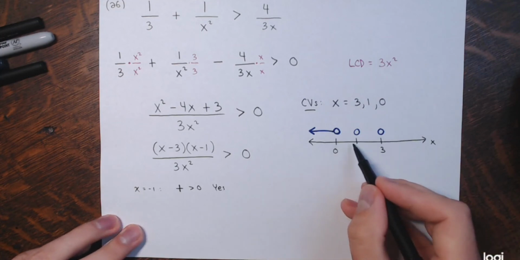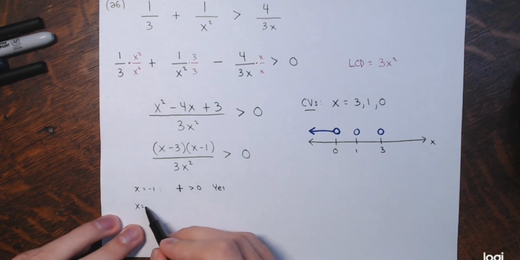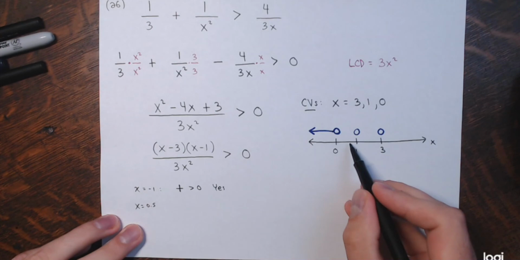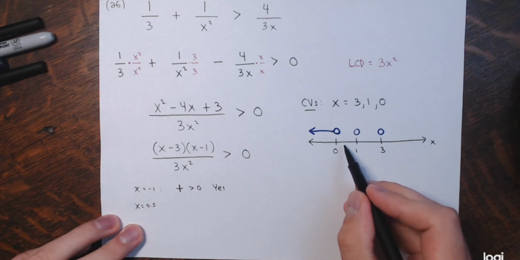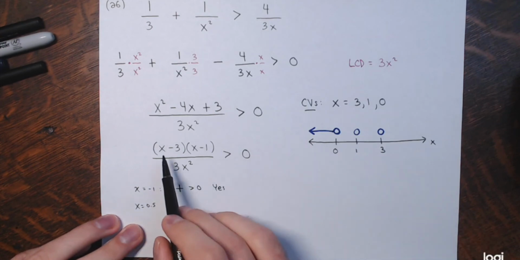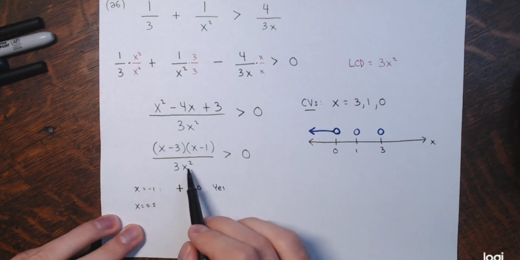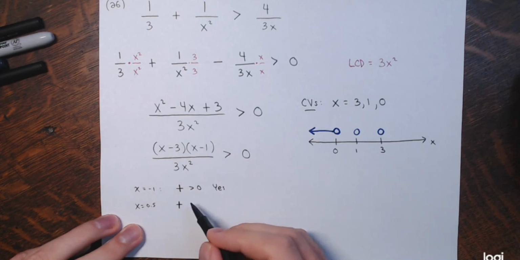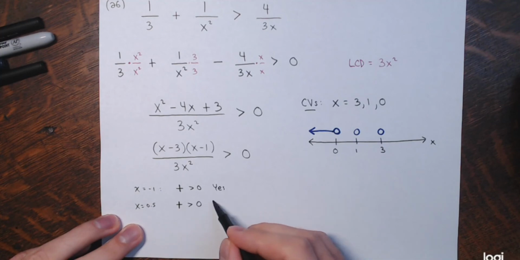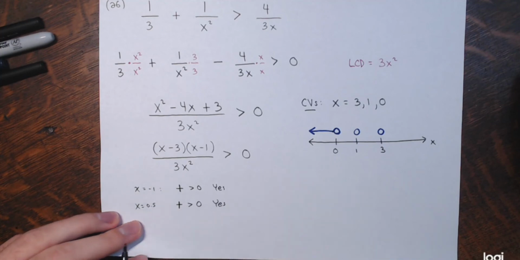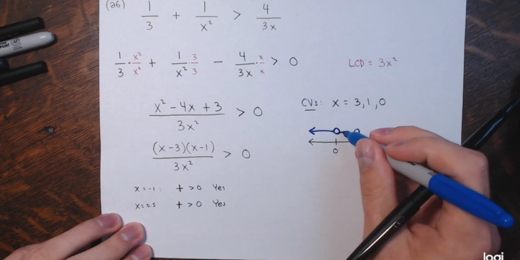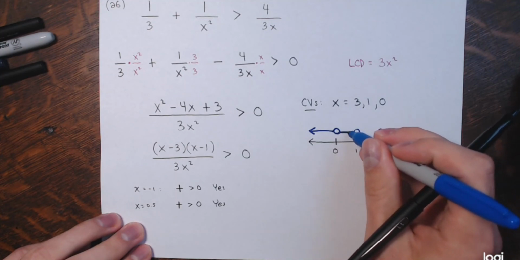Now how about between 0 and 1? So how about x equals 0.5 or a half, or 3/4 or 2/3, something between 0 and 1? You'd have a negative times a negative. You'd have a positive again divided by a positive. You'd have another positive number on the left is greater than 0. Absolutely. So all the numbers between 0 and 1 are also solutions.